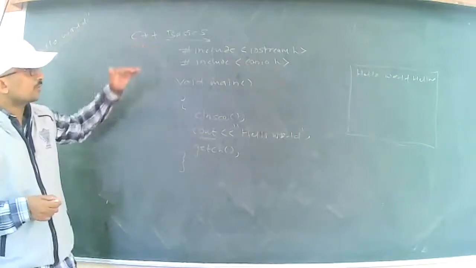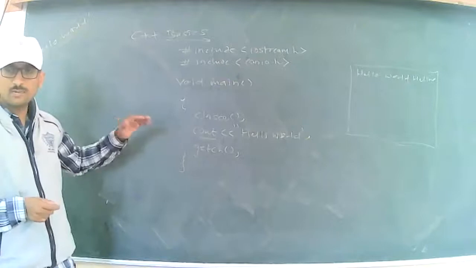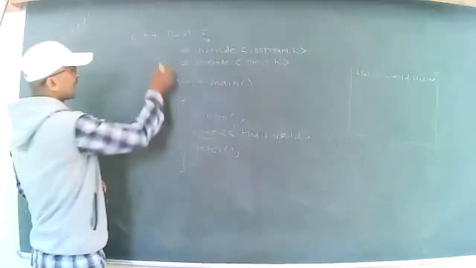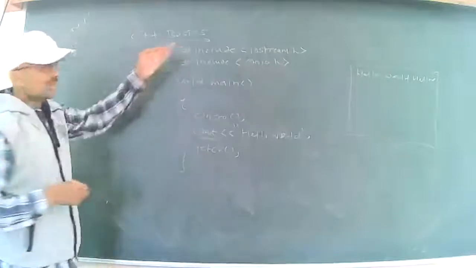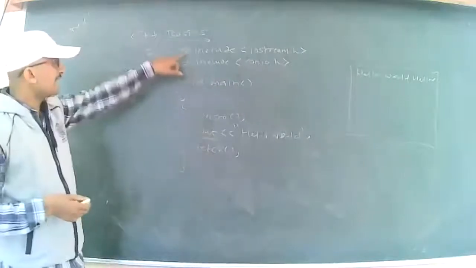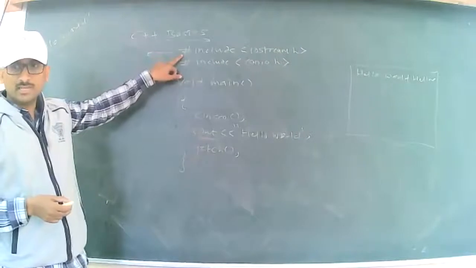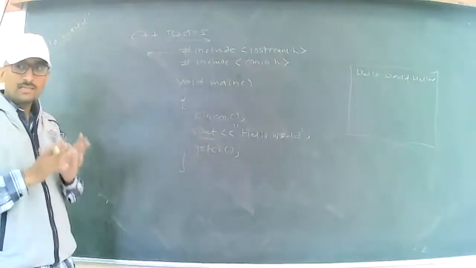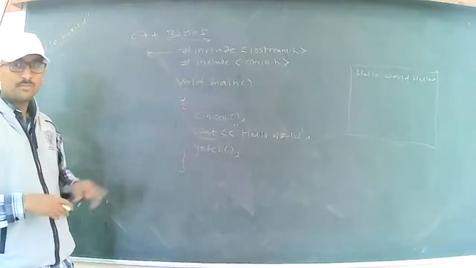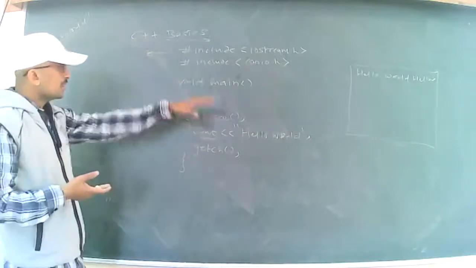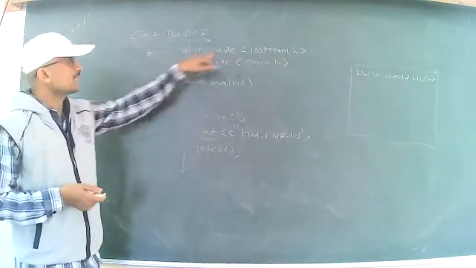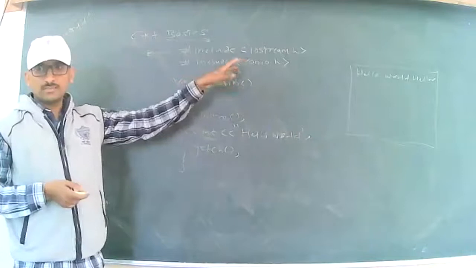Now, once again, I am just going to explain what each line of this program does. You are going to ask what this #include is. Hash is nothing but the preprocessor. With the help of this preprocessor, before all this code, before your void main, these instructions are going to be executed.